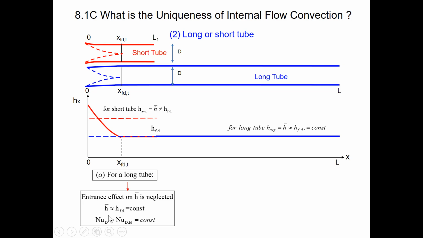As a result, the average heat transfer coefficient is approximated by the local heat transfer coefficient in the fully developed region, which is a constant. Similarly, the average Nusselt number is approximated by the local Nusselt number in the fully developed region, which is a constant as well.